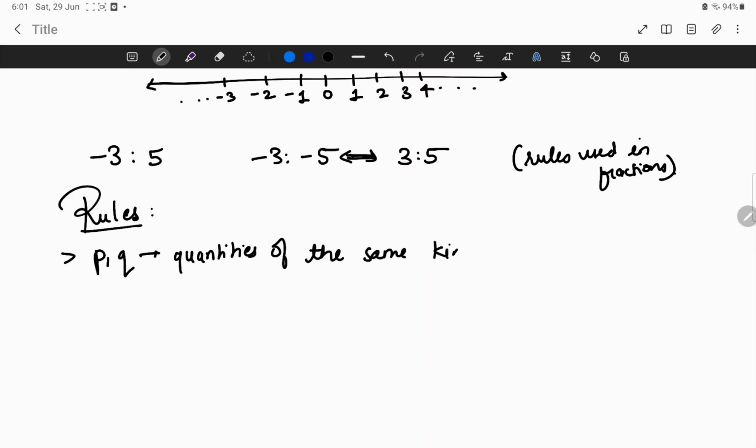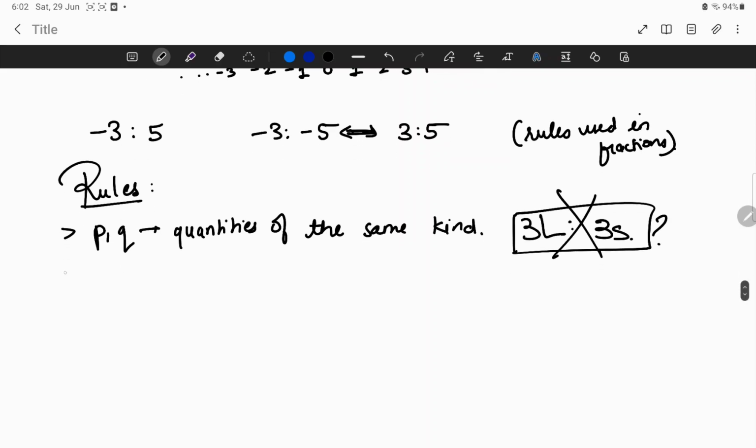You cannot compare 3 liters of water and 3 seconds of time. It does not make sense to compare them. How will you compare this? It does not make sense at all. Another rule is that the units should be the same.